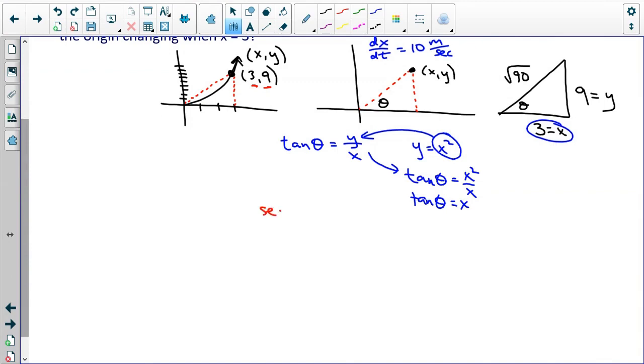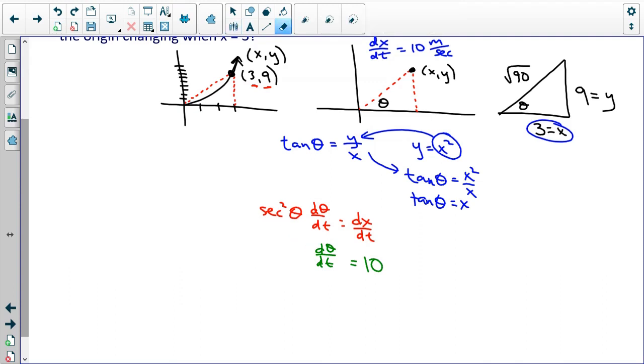So tangent of theta, when I take the derivative, that's secant squared theta, d theta dt, and that's equal to the derivative of x, which is just 1, dx dt. Now I'm going to substitute some values in. So dx dt is 10. D theta dt is what I'm trying to find. And secant squared of theta, well, theta at this exact moment is some kind of number.